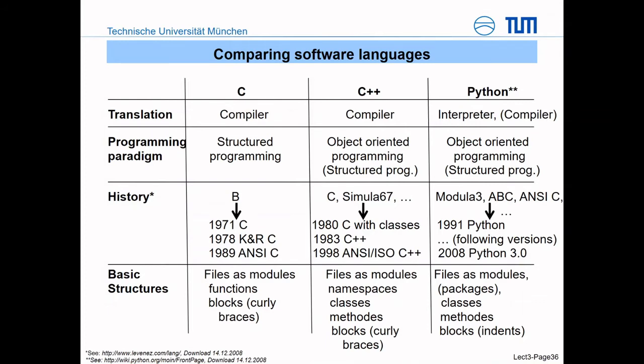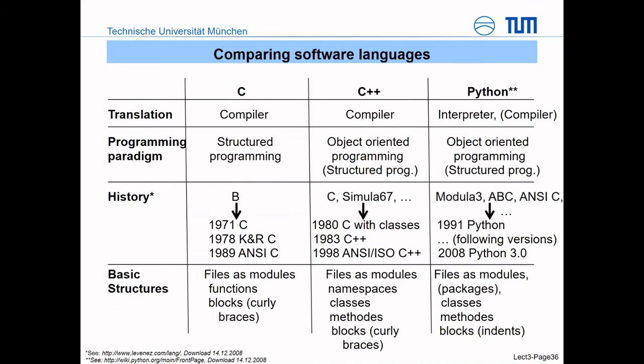According to the basic structures or the organization of your code, in C you have different files with functions, and functions contain blocks, and you have these blocks also for if-else constructions, while loops, and things like that. The blocks are characterized with curly braces. Similar to that is C++, but it extends this structure with the object-oriented parts, so with namespaces and classes.